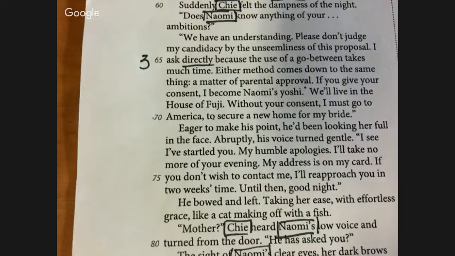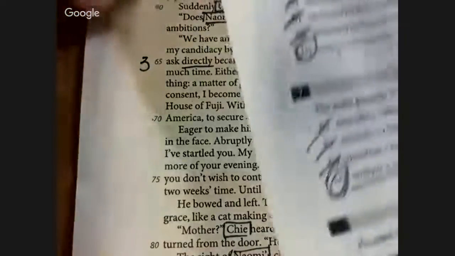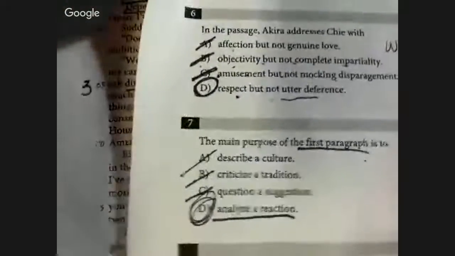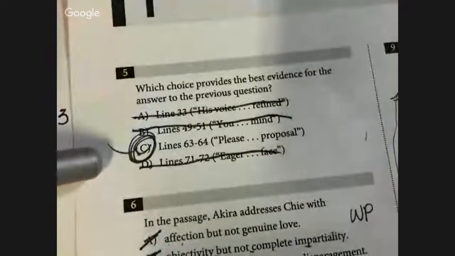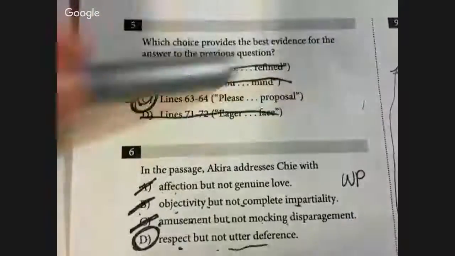"Eager to make his point, he'd been looking her full in the face." All right, that is not relevant. So, answer choice C on question 5 is the correct answer choice for the evidence.